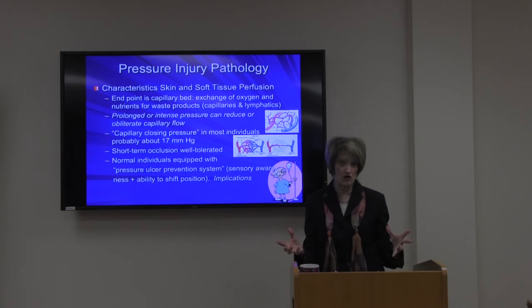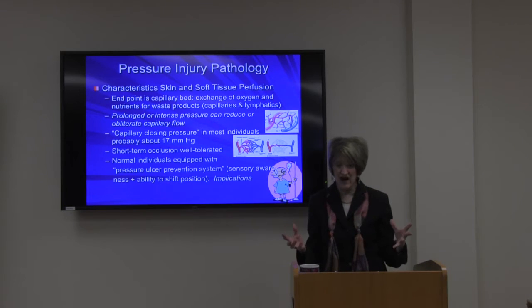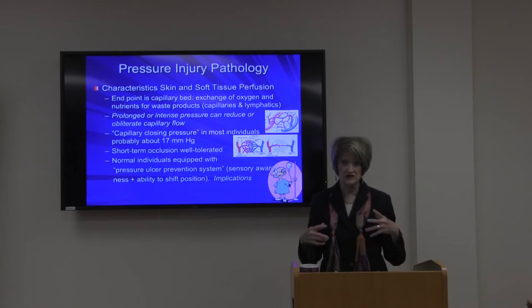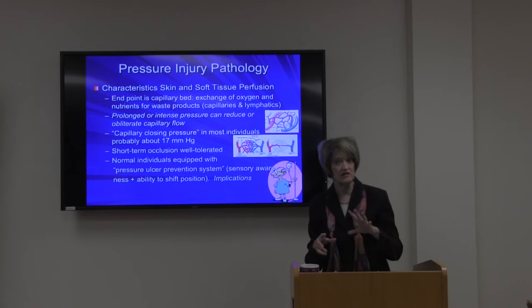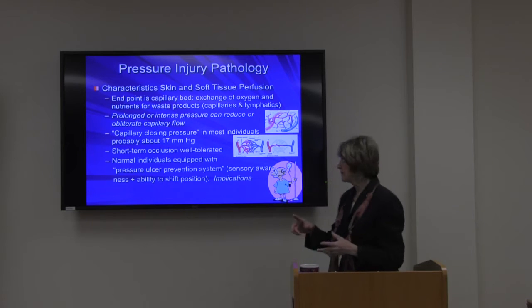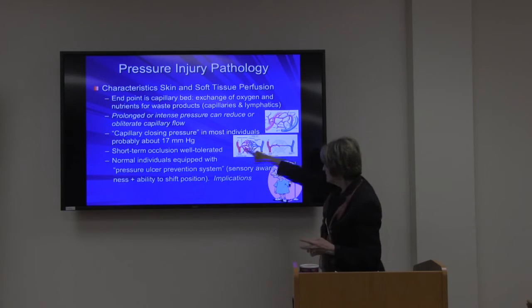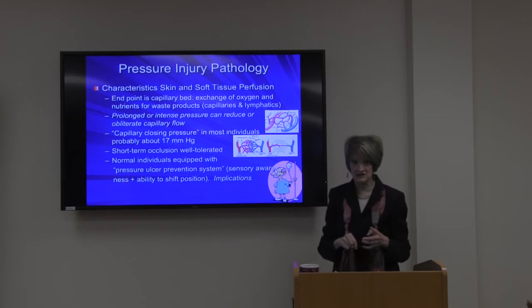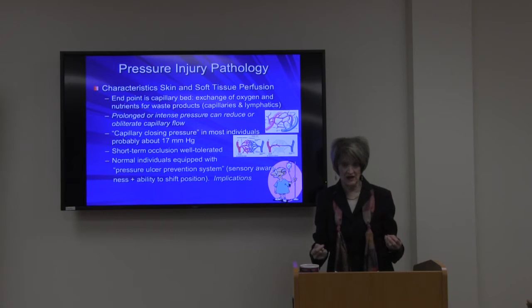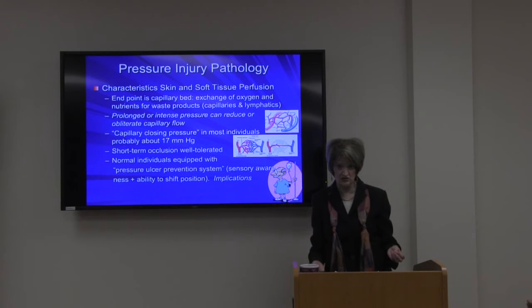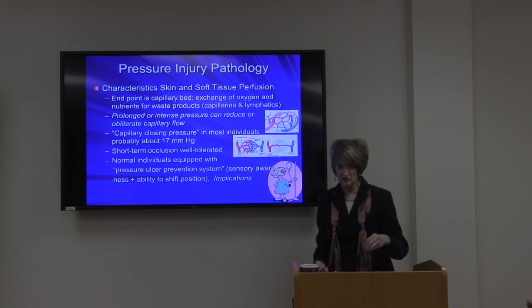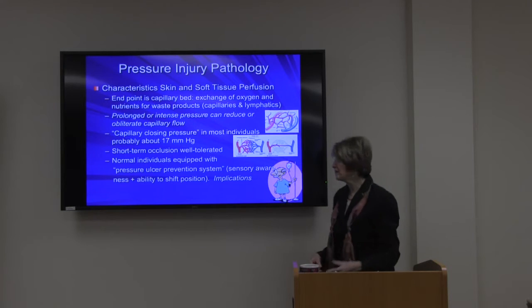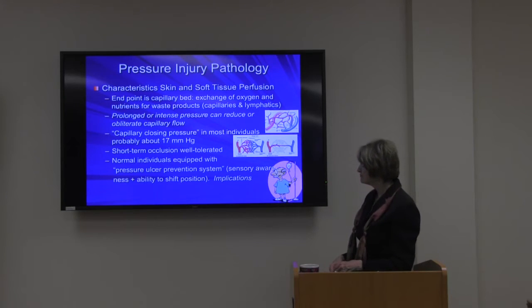Even if the big arteries are open, everything's fine at the level of the aorta and the large vessels and even the mid-sized vessels and even the arterioles. If we get compression of the capillary system, we shut down or significantly reduce tissue oxygenation, shut down or significantly reduce the body's ability to retrieve waste products and carbon dioxide.